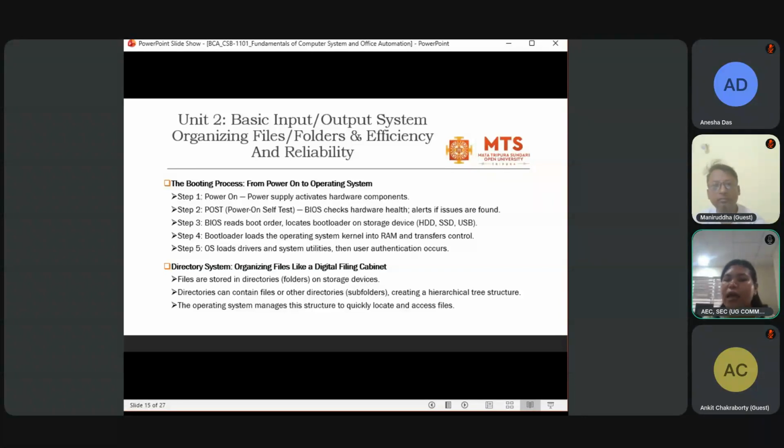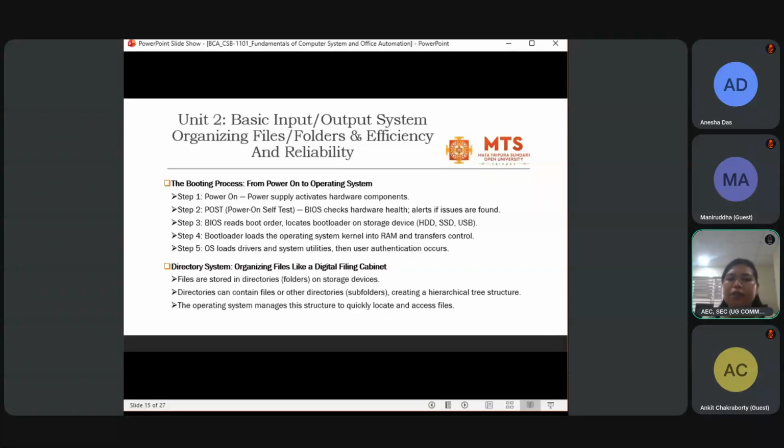It checks hardware health first, then alerts if issues are found, like your mouse or your speaker is not functioning properly. The BIOS checks whether your hardware is functioning properly during booting.